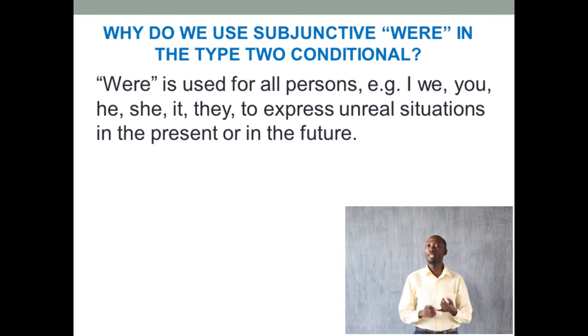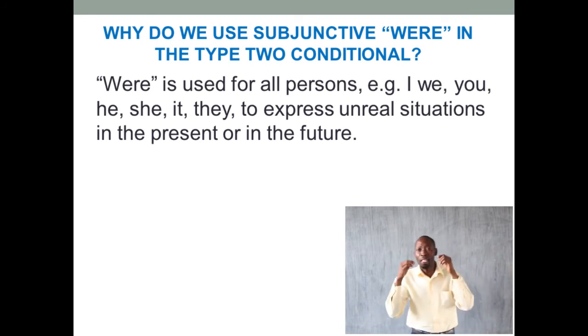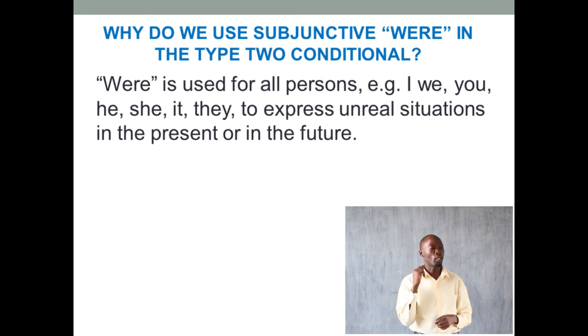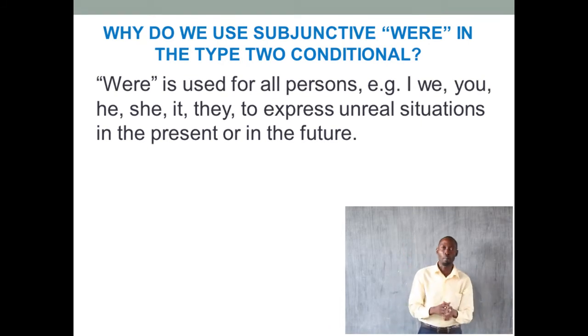For example, I, we, you, he, she, it, they, even on names of individuals used in the third person singular, to express unreal situations in the past or in the future. Okay? Let us look at some of the examples.